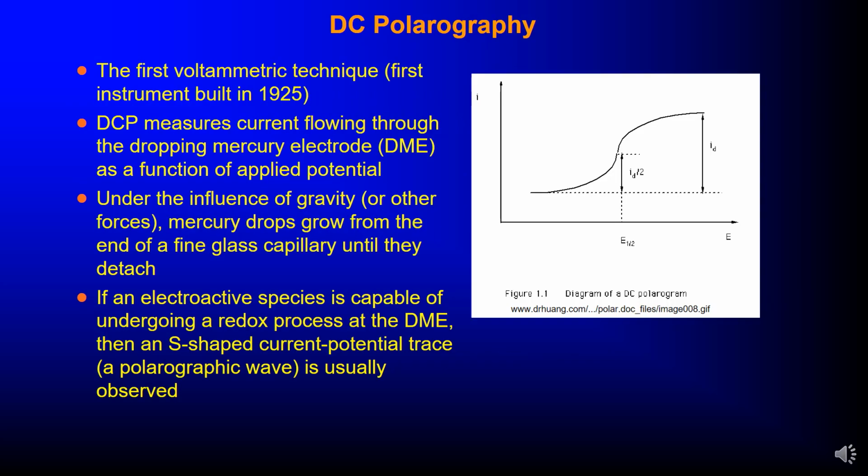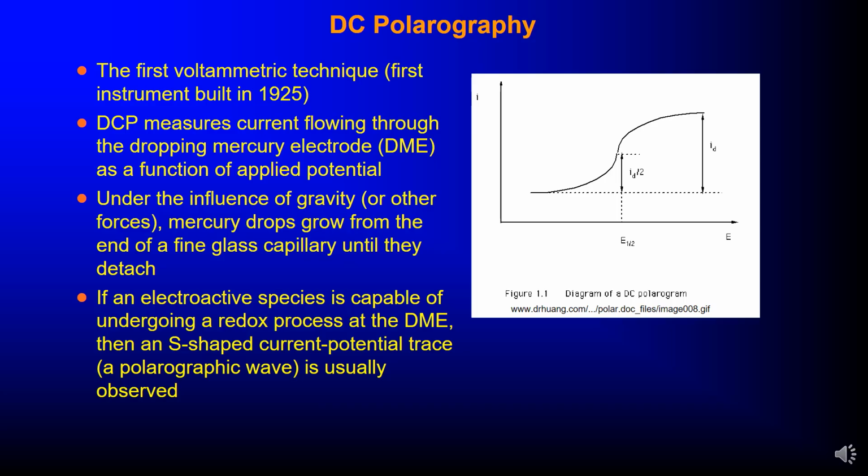Let us just add that the residual current is the slowly increasing current at the foot of the wave, which is non-Faradaic in nature. Then the half-wave potential is the potential at the midpoint of the wave, where the current is exactly half its limiting value.